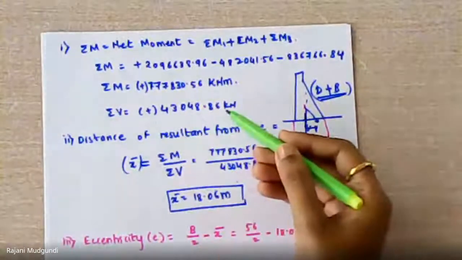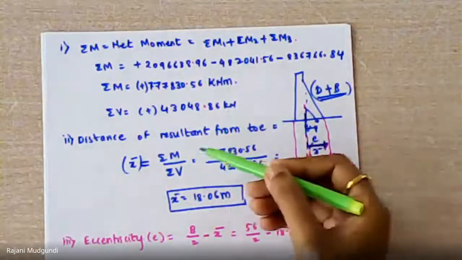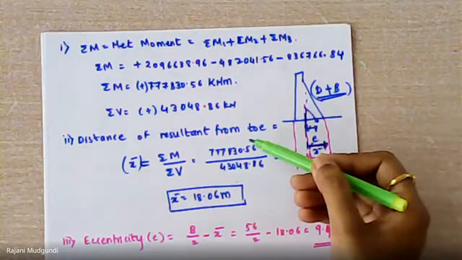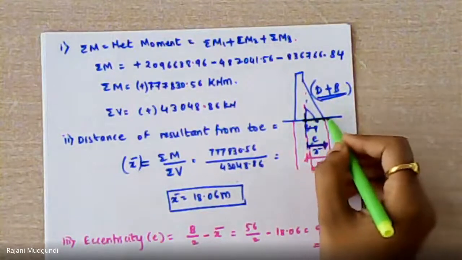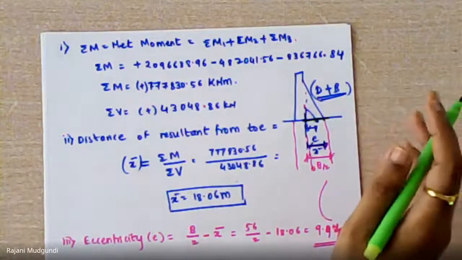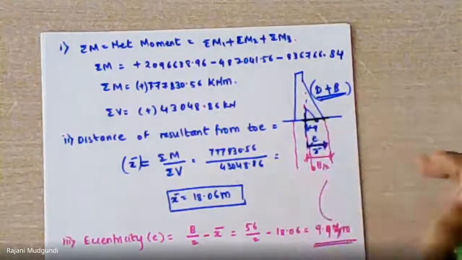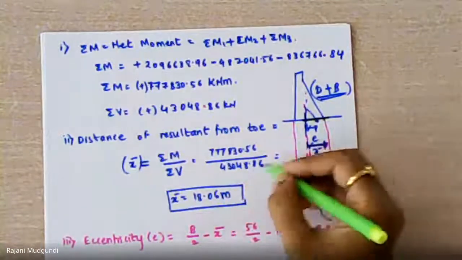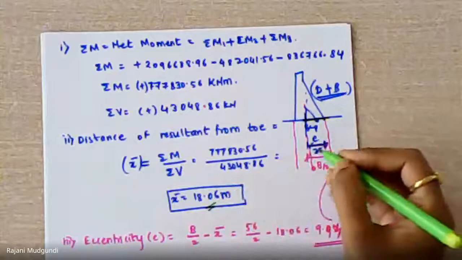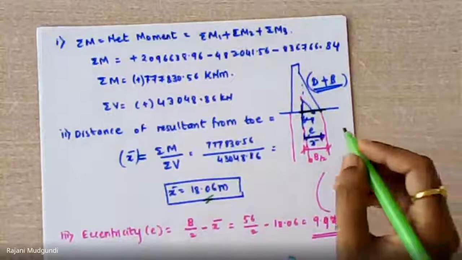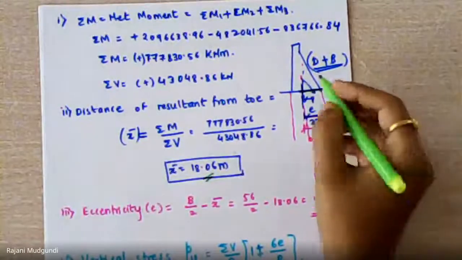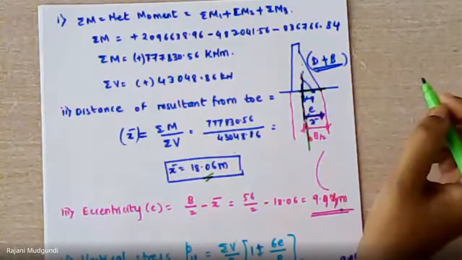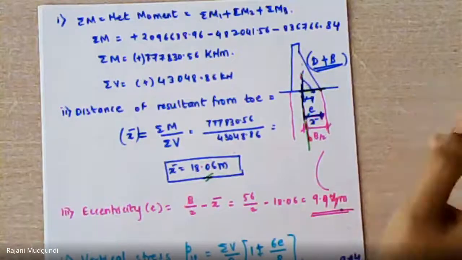Then with summation V, we have the distance of the resultant from the toe. So where the resultant is acting or passing through from the toe, that we have calculated. It is at a distance of 18.06 meters. So it is at an eccentricity of 9.94 meters from the center of the base, right?